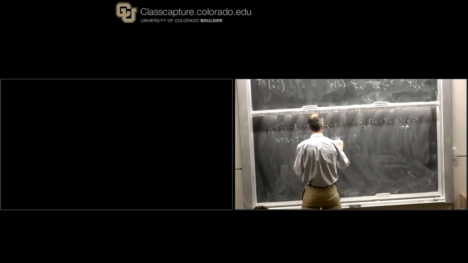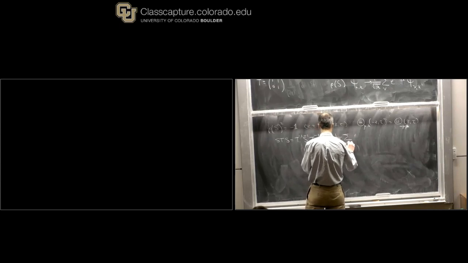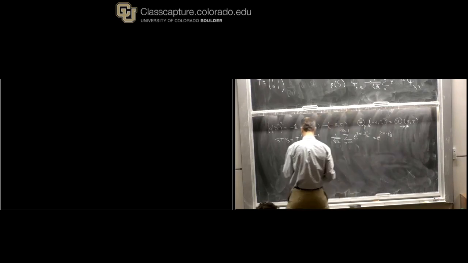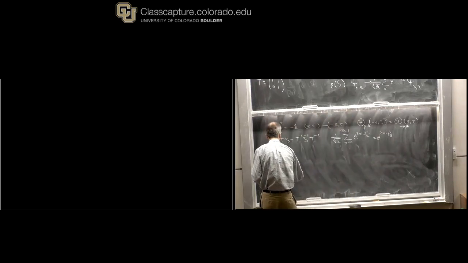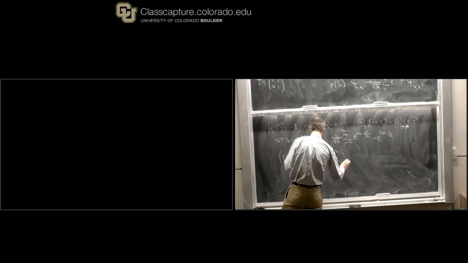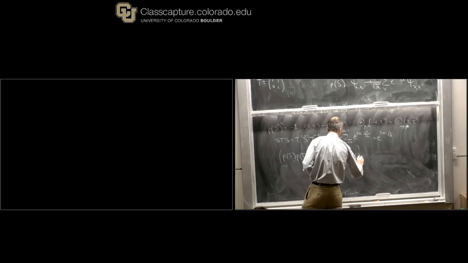So the fact you need is the following sum: e to the 2 pi i nu squared over 2 kappa, which is an eighth root of unity. And now you check, this is an exercise, rho of S, rho of T cubed is e to the minus 2 pi i over 6, rho of S squared. And so indeed, the modular group acts projectively on our space of states, as we were threatening.